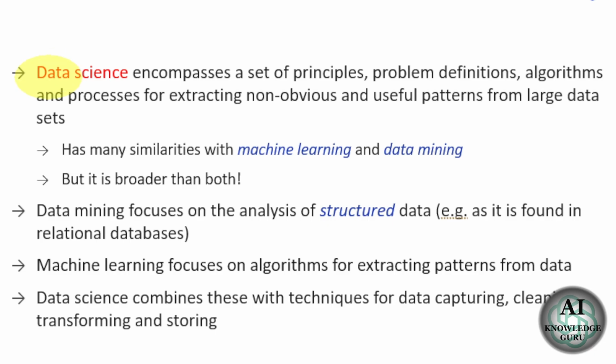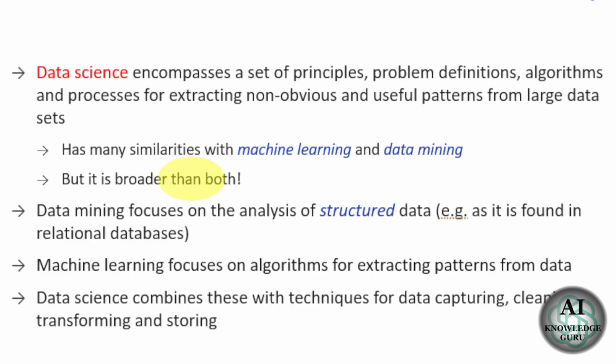Now let's understand data science, and then we will learn what is big data. Data science encompasses a set of principles, problem definitions, algorithms, and processes for extracting non-obvious and useful patterns from large data sets. Data science has many similarities with machine learning and data mining, but it is broader and it has both.